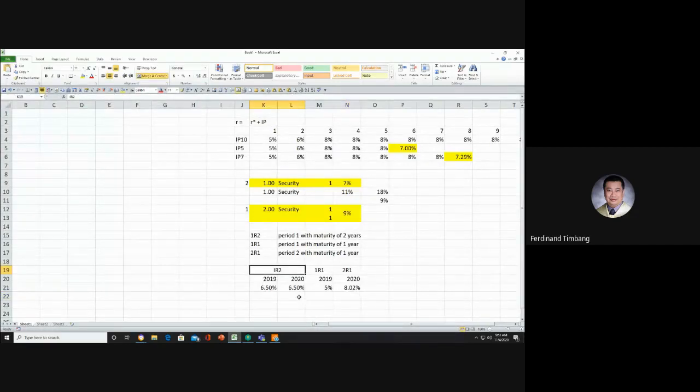Kung si IR2, kikita ng 6.5% ng 2019, kikita ng 6.5% ng 2020. Itong tig-1 year period, kung binigyan ka ng 5% sa 2019, dapat pagka nag-place ka ng 2020, 8.02% na yung kikitain mo.